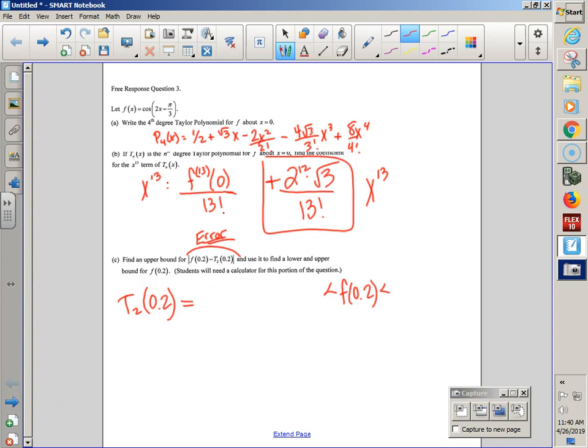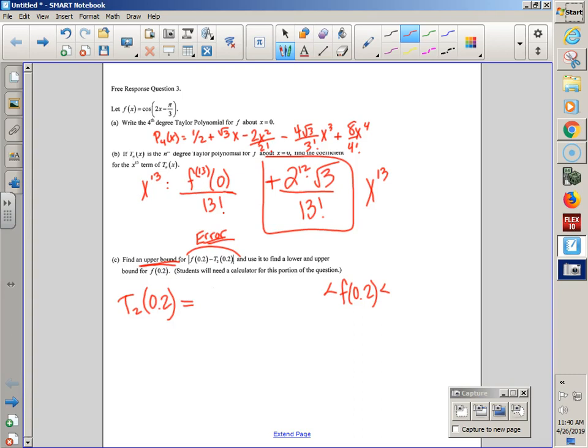That'd be way too easy as far as finding the Taylor and finding the actual and subtracting. So they want an upper bound for. Up above, sadly, I do not see an alternating series, which means that we can't use the alternating series remainder theorem.